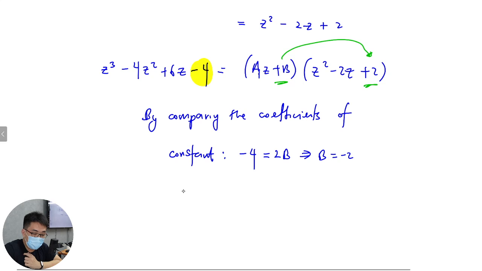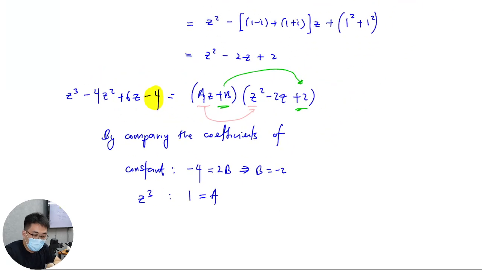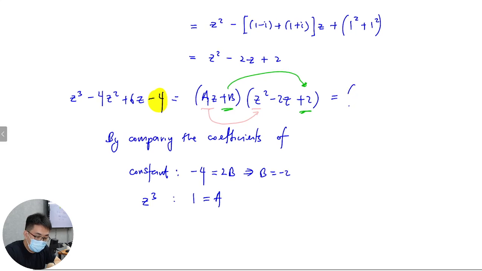Then compare z cubed. Now this is where I say a is 1, because for z cubed, the highest degree is a, which is this one here. So a is 1. Okay, so in this case, you will get z minus 2.